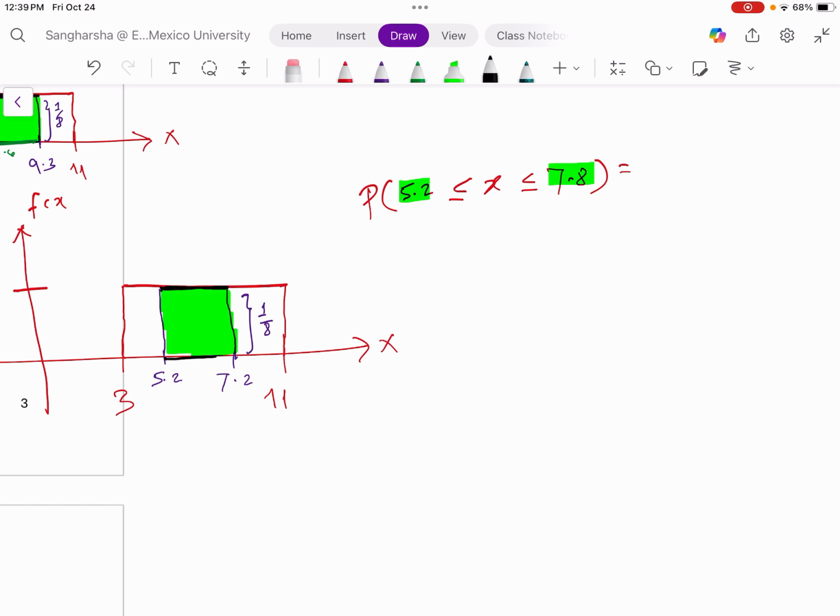This distance is the difference of 7.8 and 5.2, which is 2.6. So the probability is 2 times 1 over 8, so this is 2 over 8, 1 over 4, which is 0.25. So this is the probability that our x takes a number between 5.2 and 7.8, which is 25%.